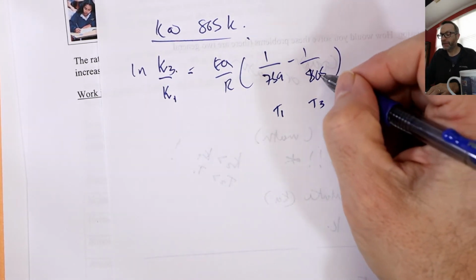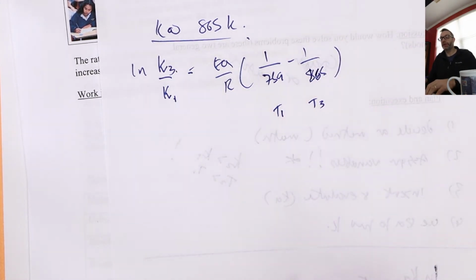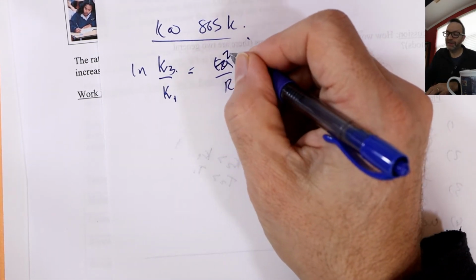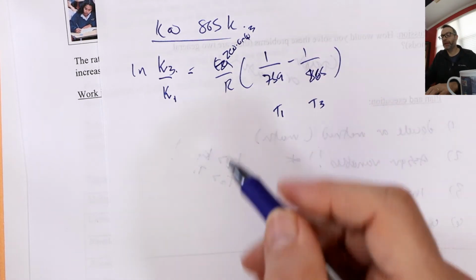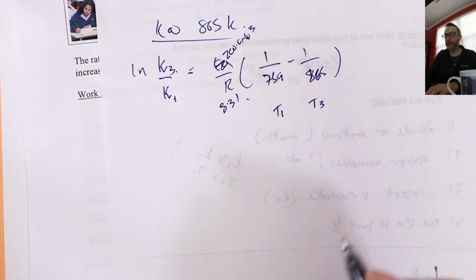Okay, so you know what EA is, 200.6 times 10 to the 3, right? R, 8.31.